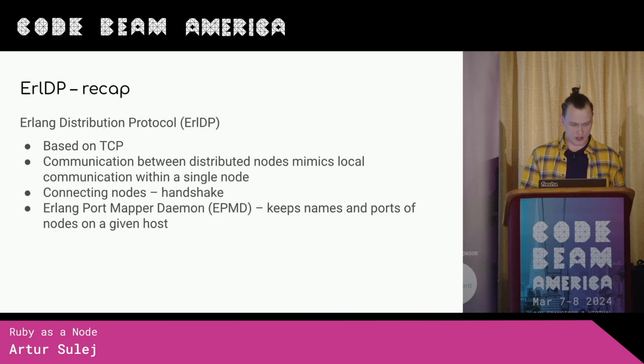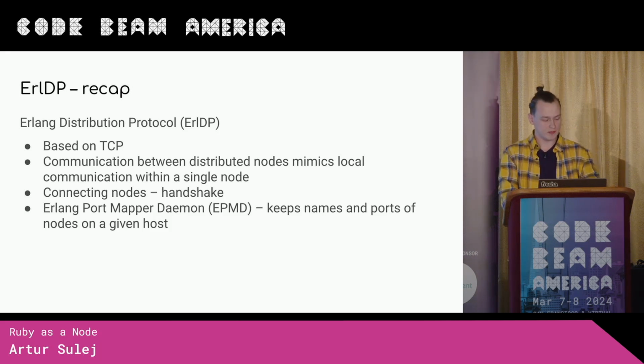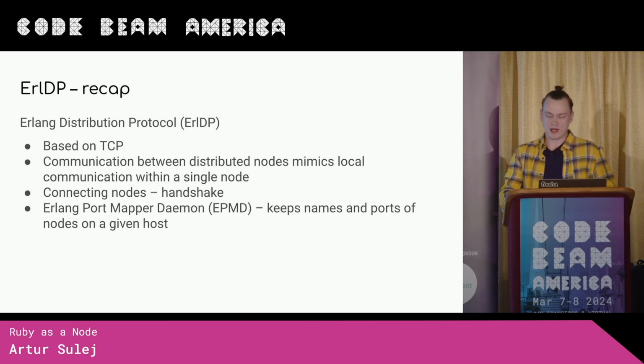So, a quick summary of what the Erlang distribution protocol actually is. It's a protocol based on TCP. Its purpose is to basically allow communication between distributed nodes, and from a usage perspective, it's designed in a way that all the complexity is hidden, and running something on the other node feels very similar to running it locally, like spawning processes and sending messages to them.